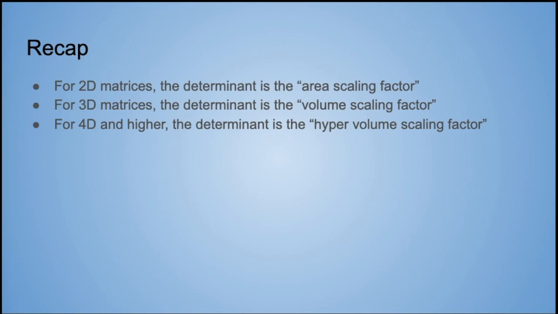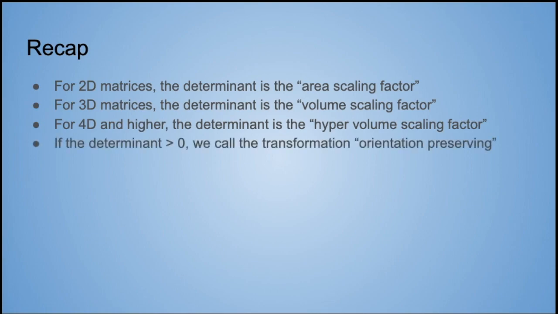We don't need to worry too much about the visual behind this, but it is good to think about the overall generalization, that determinants perform, whatever dimension you're in, that type of scaling. So 2D is area, 3D is volume, and so on. If the determinant is positive, we call the transformation orientation preserving.